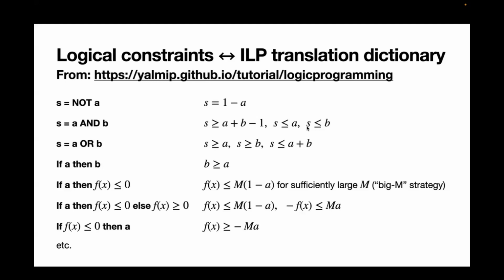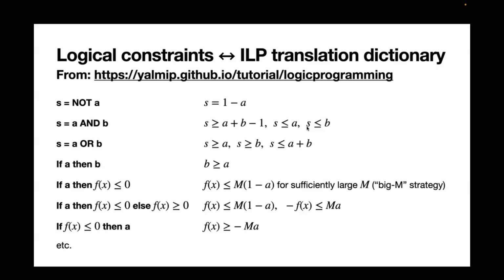So this constraint is trivially satisfied in that case, and that turns off this constraint if A is 0. On the other hand, if A is 1, then 1 minus 1 is 0, so the entire right-hand side is 0, and we're left with f of x less than or equal to 0, which is what we wanted. So this is a way to have a decision variable turn another constraint on or off.